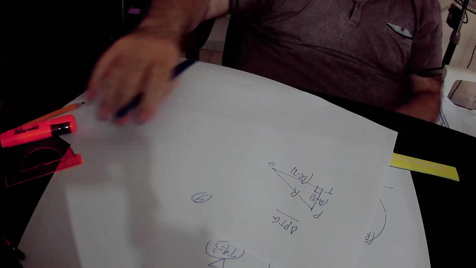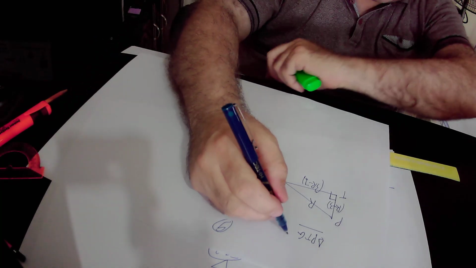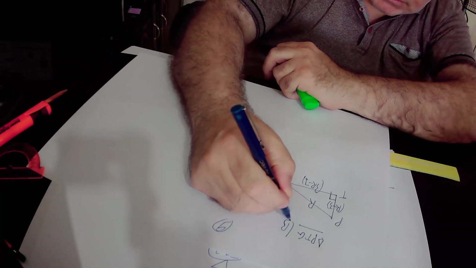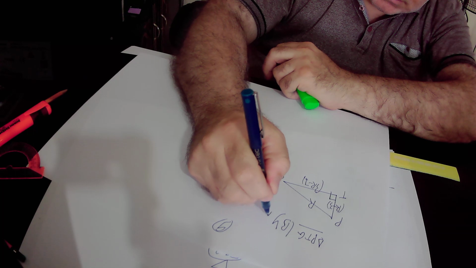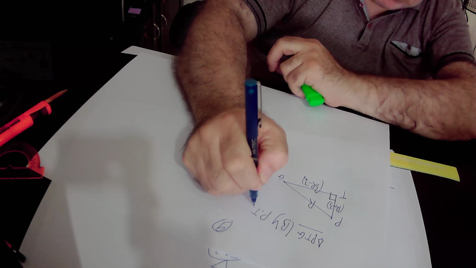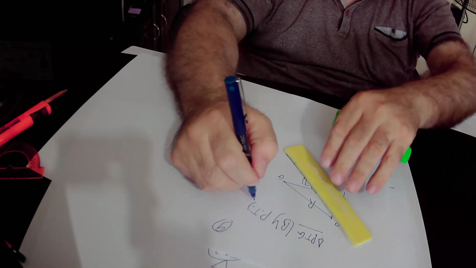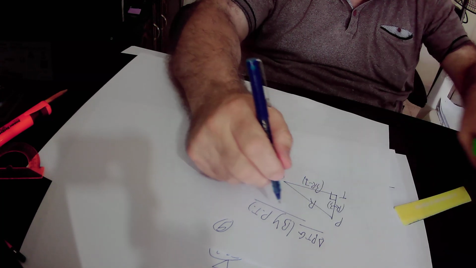Here, PT is an abbreviation for Pythagoras theorem. According to the Pythagoras theorem, the square of the hypotenuse equals the sum of the squares of the perpendiculars.